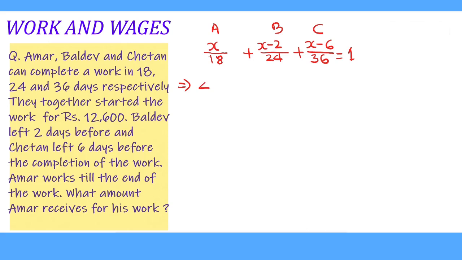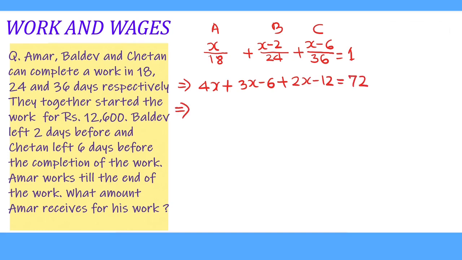So this makes 4x. 24 cancels 72 for 3 times, so 3 multiplied by X minus 2 gives us 3x minus 6. 36 cancels 72 for 2 times, and 2 multiplied by X minus 6 gives us 2x minus 12, equal to 72 multiplied by 1 is 72.